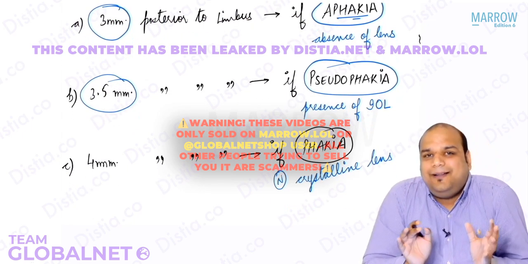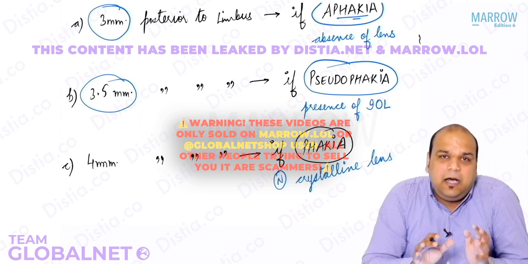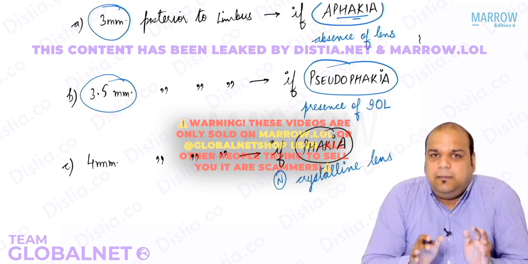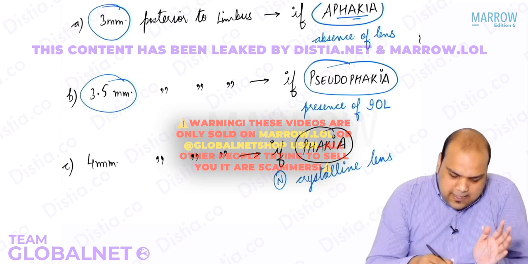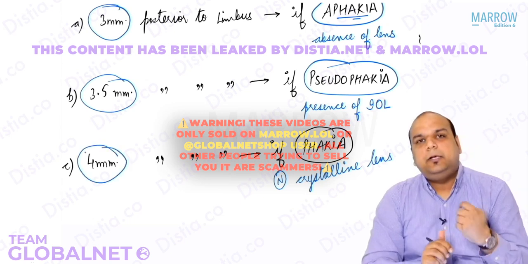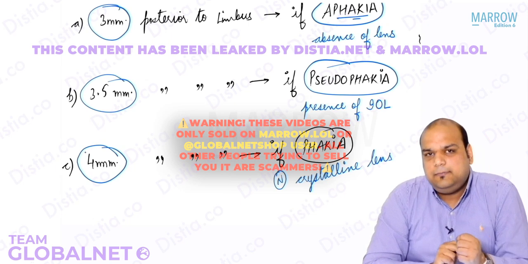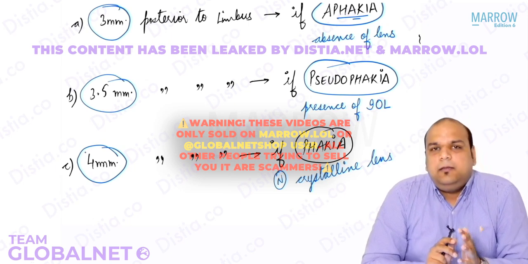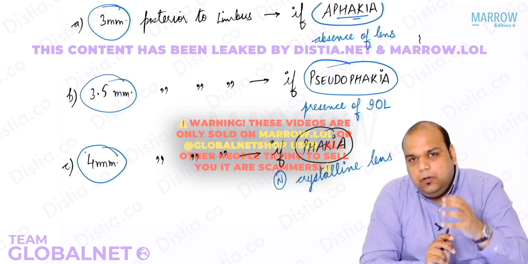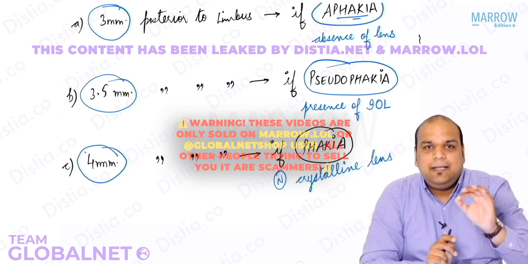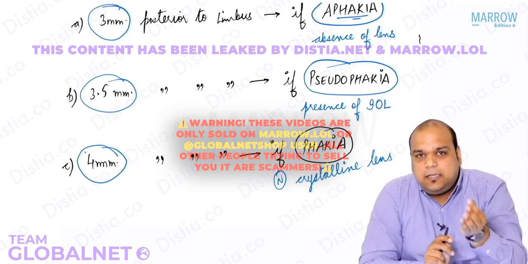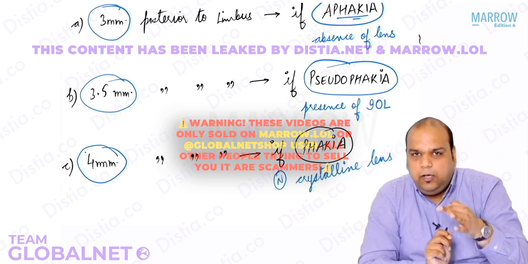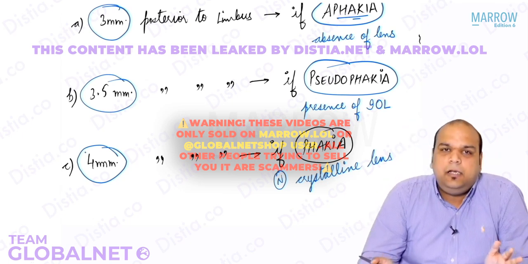So the normal crystalline lens that is present in our eye, if we are about to give an intravitreal injection, then the distance has to be 4 mm posterior to limbus. Okay, guys, clear about it? So please remember, first of all, the site of intravitreal injection as a whole, and then if you are given the status of the lens, the distance will change. So the answer is 3 to 4 mm, 3.5 or 4 mm. I hope we are absolutely clear about it.